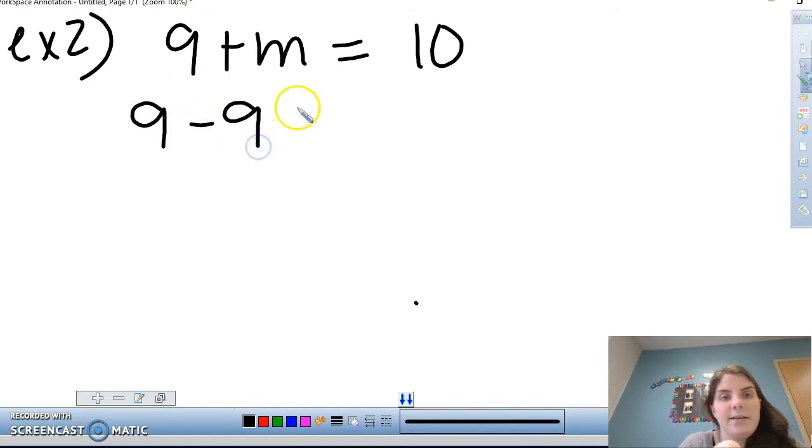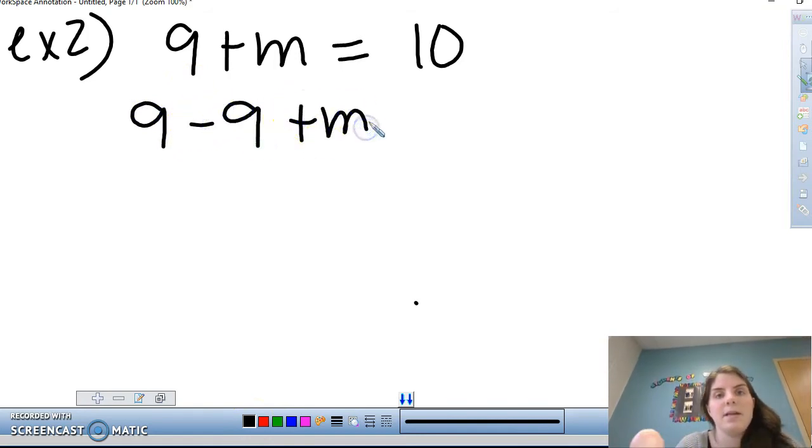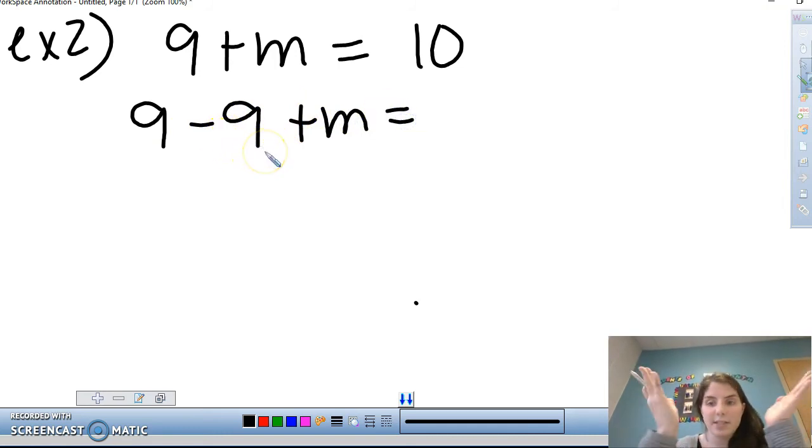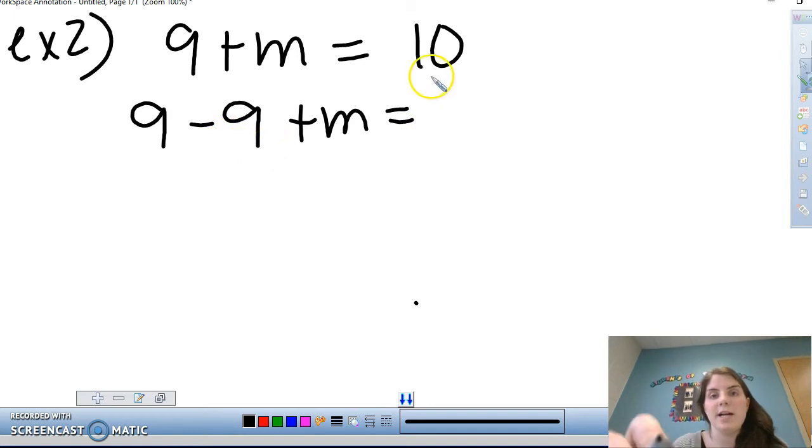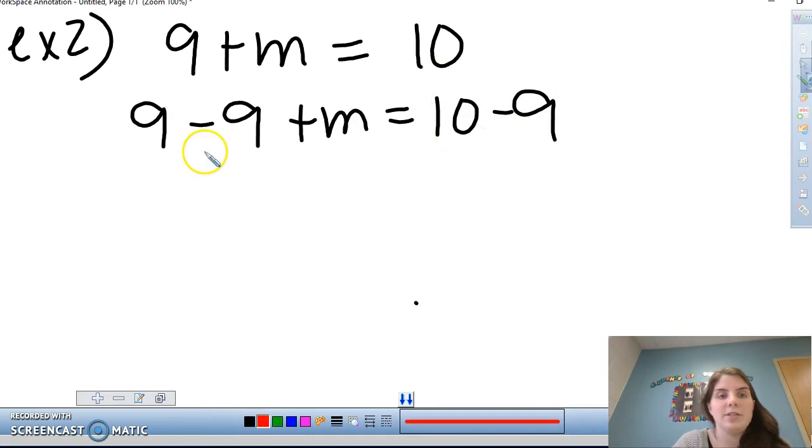So we're going to have 9 minus 9 plus m equals, and since we subtracted 9 on this side, we have to think of our scale. We also have to subtract 9 on this side over here. So we're going to have 10 minus 9 on this side. Our 2 things we just added in are right here and right here. When we take 9 minus 9, we're left with 0.